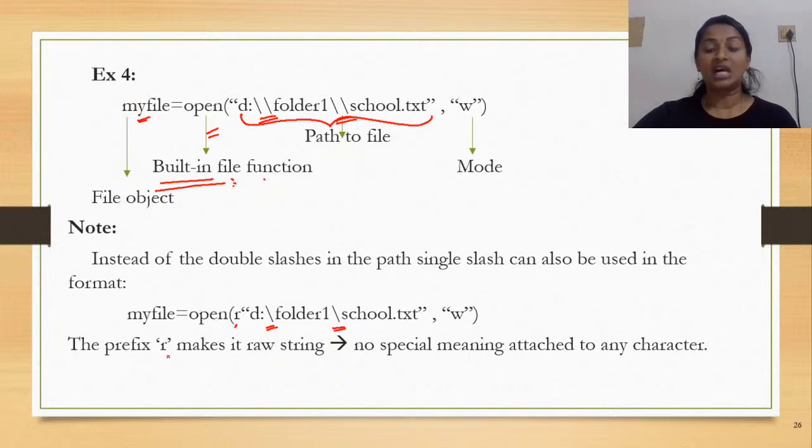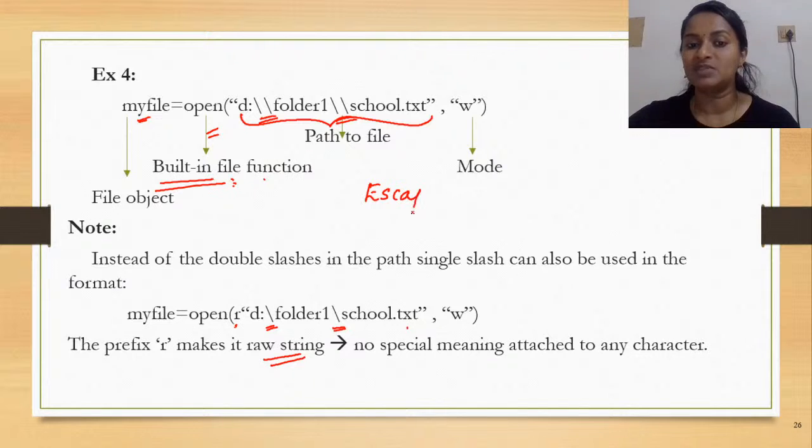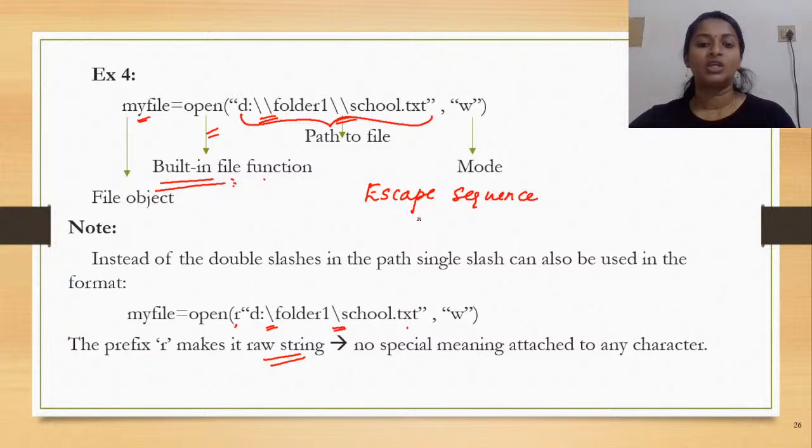Okay. So the prefix r shows that this is a raw string. Whenever we indicate that this path is a raw string, we are telling the compiler, or the system, that there is no special meaning attached to any of the characters given here. See what happens when we learn something called escape sequence. When I said the term escape sequence, I told you that you would have the backslash followed by a character, right? There are umpteen number of escape sequences.